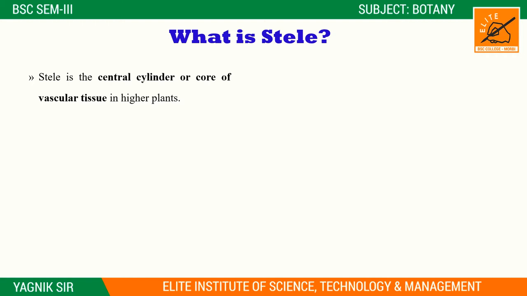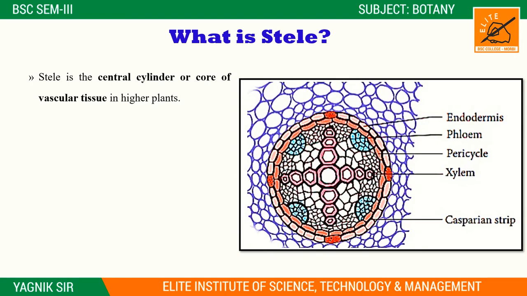So the stele is the central cylinder or the core of the vascular tissue in the higher plants. Which plants are included in the higher plants? Pteridophyte, gymnosperm and angiosperm. These 3 categories of plants are the higher plants, right?